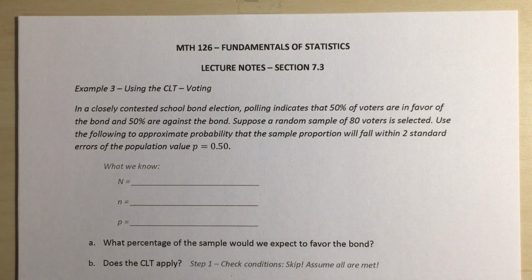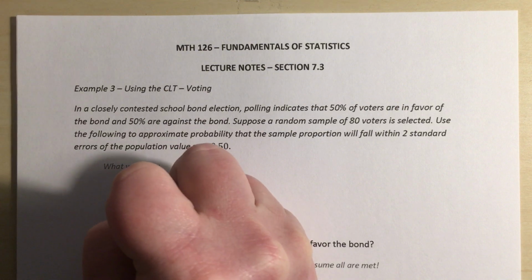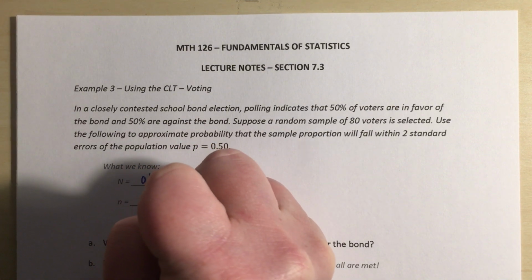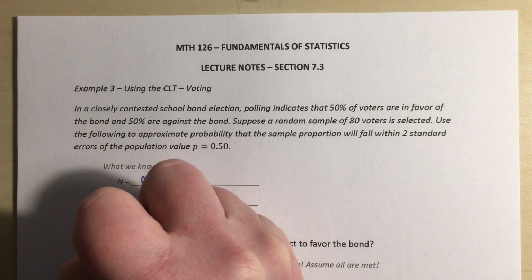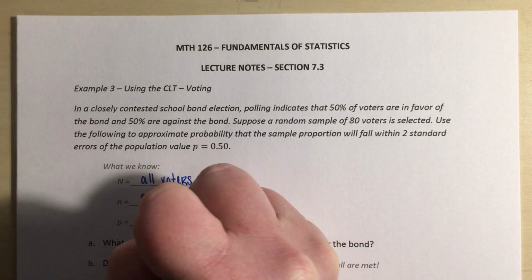So we're going to have some slightly different steps in here, but a lot of this is going to look familiar. We're going to start by making a list of what we know. So our population is going to be all voters. Our sample size is the 80 randomly selected voters.